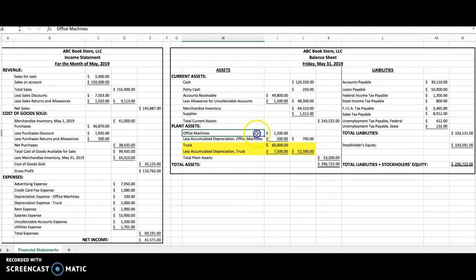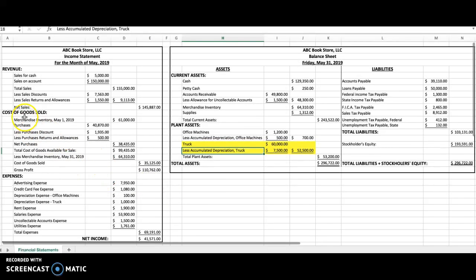Same thing happens up here with office machines. They depreciate as well. So again, that's shown that way, and it has to be handled that way in the books of the business, the journal, and the ledgers, because the business typically wants to show both the value that the truck had originally and then also the depreciation.